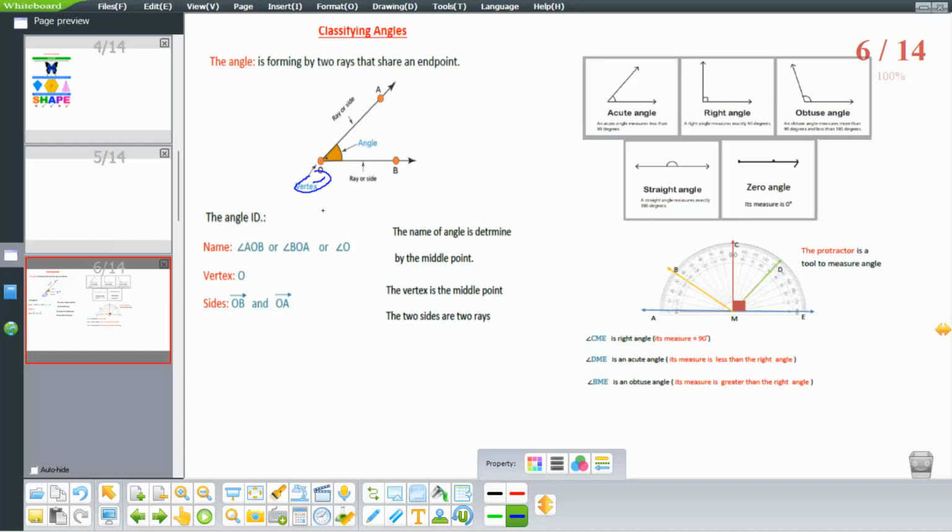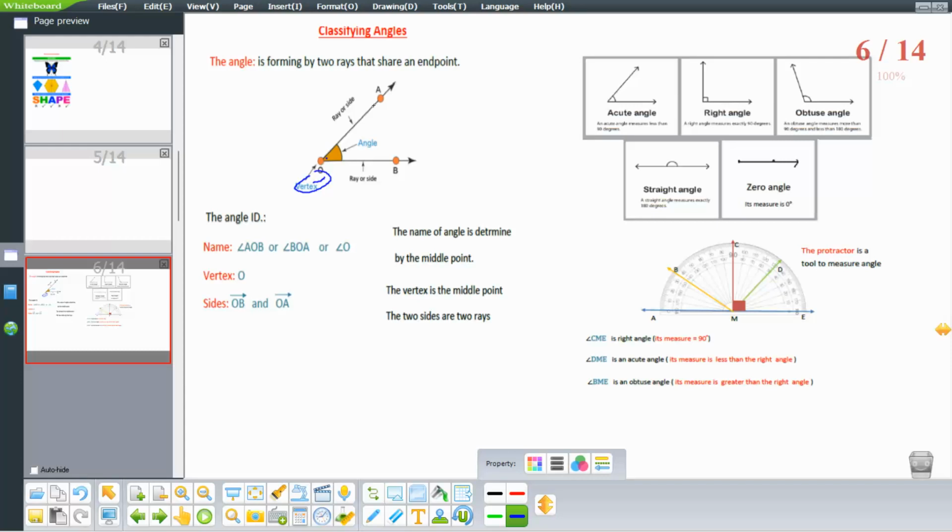Any angle has something we call the ID of the angle, like your ID: what is your name, what is your father's name, your mother's name, your middle name, and so on. Okay, if I want to know the angle ID, first, the name: we can read the angle in three ways.